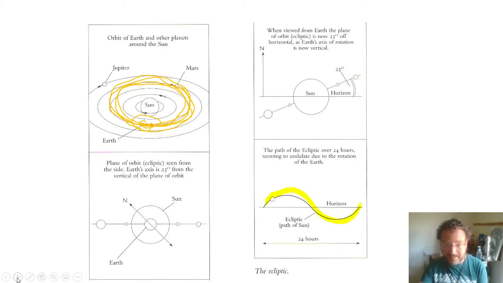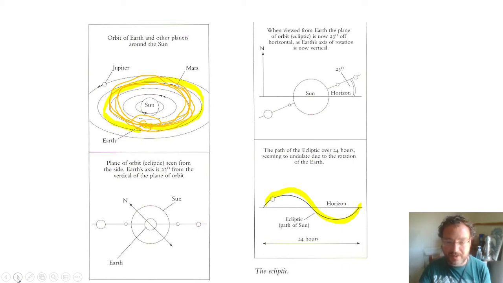Now, this pattern is obviously a daily pattern, but there are variances in the height that the Sun reaches in the sky and the rising and setting points of the Sun based on our position relative to the Sun throughout the year.